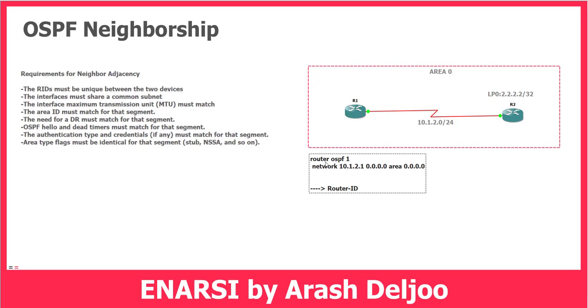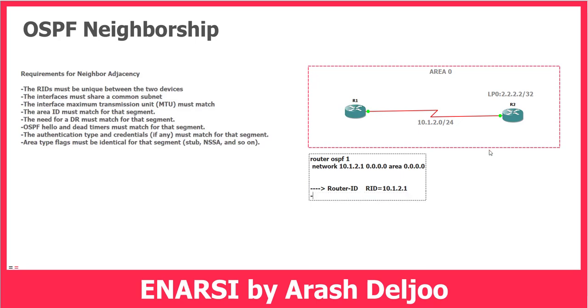When you are configuring router OSPF 1, router 1 automatically chooses its highest IP address of the loopback interface, or if the loopback interface is not available, other non-loopback interfaces can be selected as the router ID. For example, in router 1, now the router ID is 10.1.2.1, the IP address of this interface, because we have only one interface.